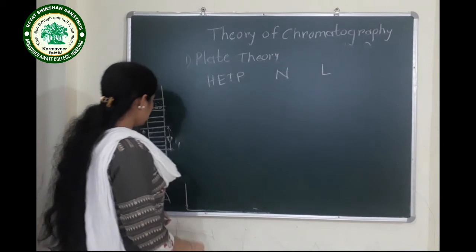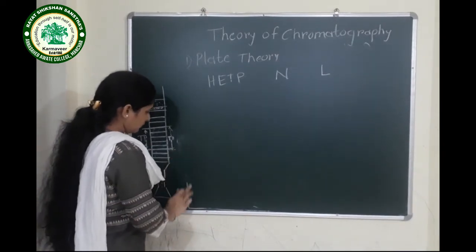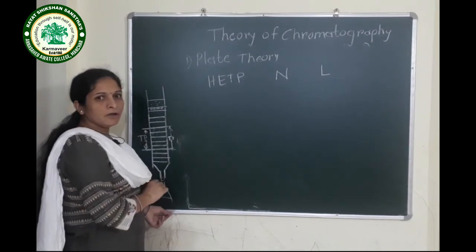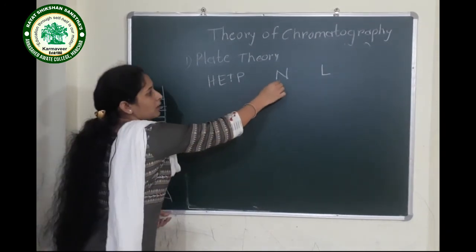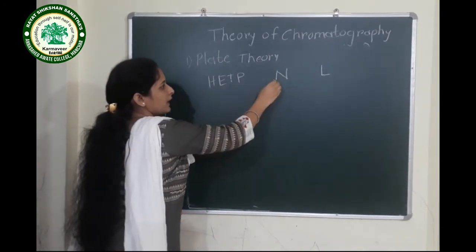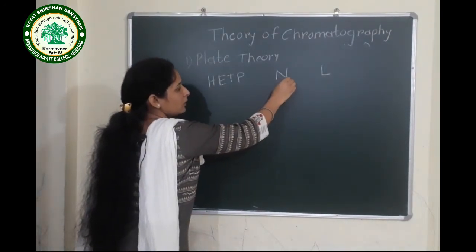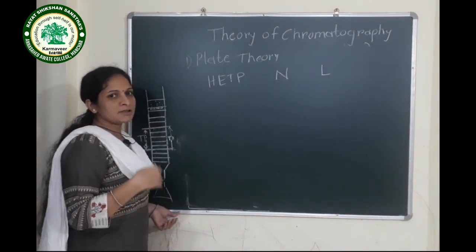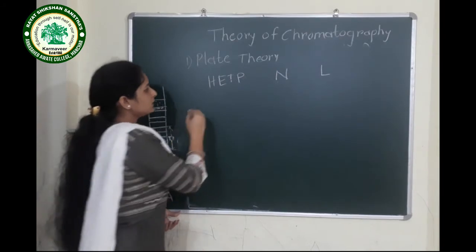When there is a low HTP value, it gives a greater number of N. When the HTP value is low, we get a greater number of plates and the efficiency of the column will increase, or separation will increase.